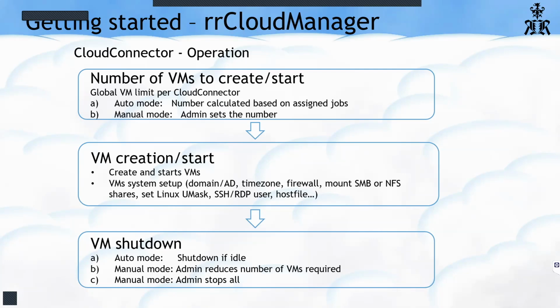The admin can reduce the number of VMs during operation, which means maybe if you started with 10 machines and you just reduce the number of machines needed, let's say to 5, obviously 5 will be shut down. Or you can completely deactivate the Cloud Connector, so that stops everything immediately. Your machines will be deallocated, and you won't have to pay any more for them.